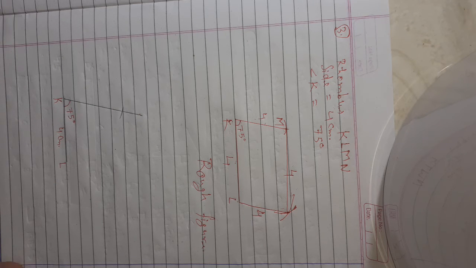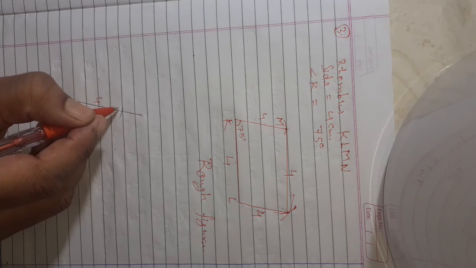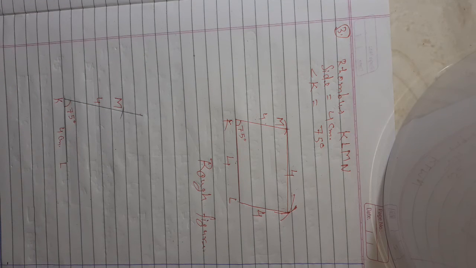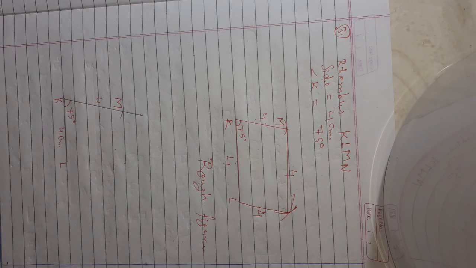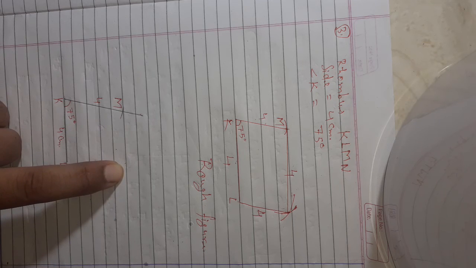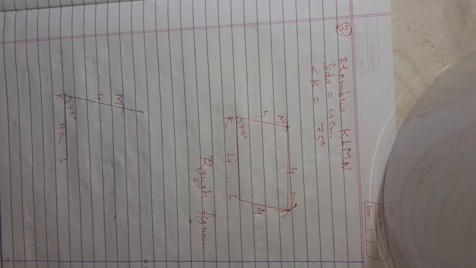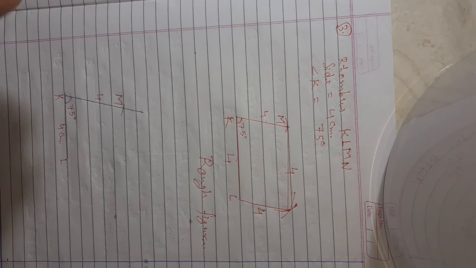So what is the point on KL? You give it the name M. Okay, now you don't know where the end point is, but you know all sides are equal. So this side will be 4 centimeter, and this side also will be 4 centimeter. Whatever the angles be, we don't have a problem. Okay, because it is a rhombus, whatever the angles be will adjust itself. You do not have to worry about that. So you take a 4 centimeter arc.